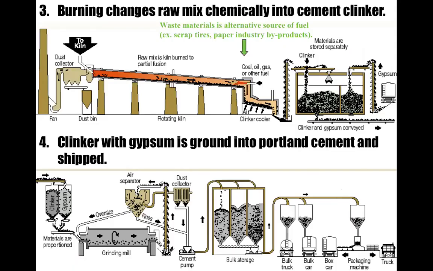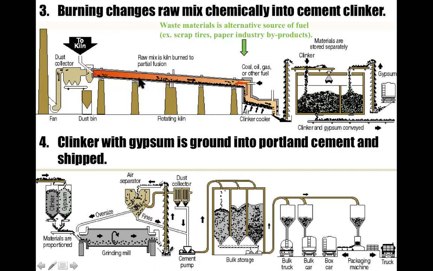So the third step is to burn the raw materials. We put the raw materials into a big oven, which is slowly rotated and has a small slope. The raw materials are fed to the higher end, and as the oven slowly rotates, the materials slowly go from the higher end to the lower end.